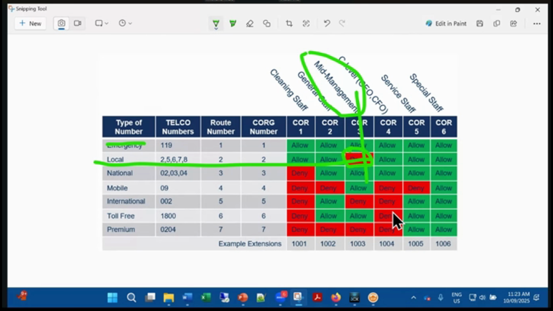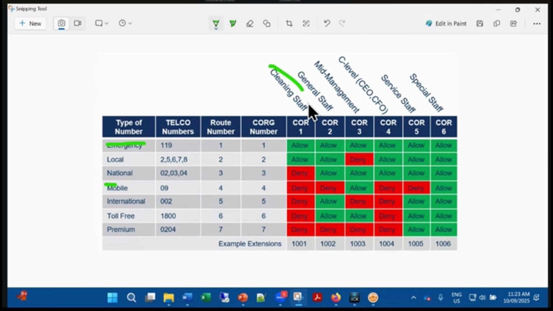The customer might say mobile numbers. Cleaning staff cannot dial. General staff cannot dial. C-level manager cannot dial. Service staff cannot dial. So for mobile, you're moving across.